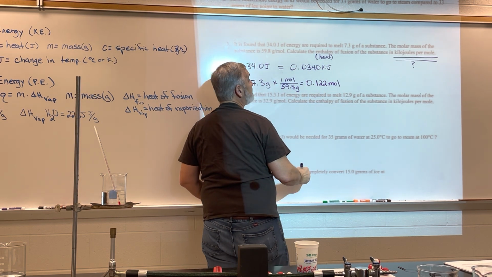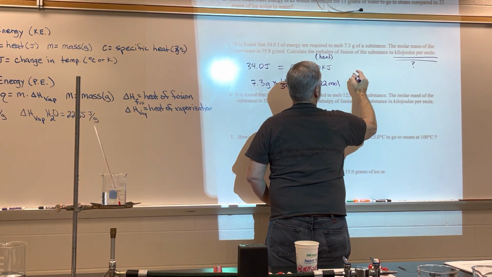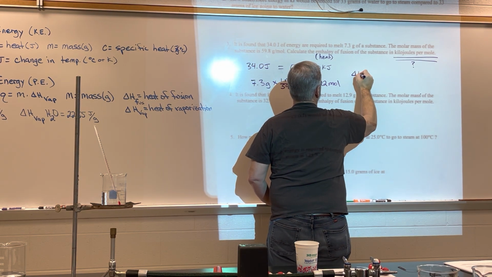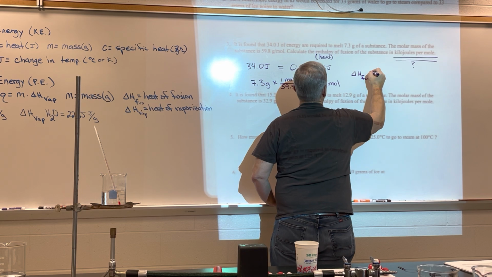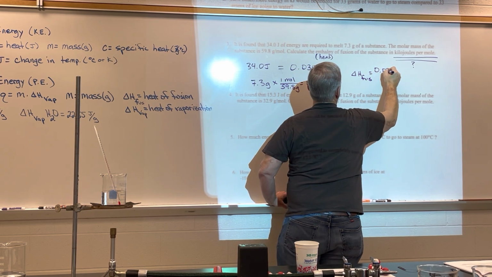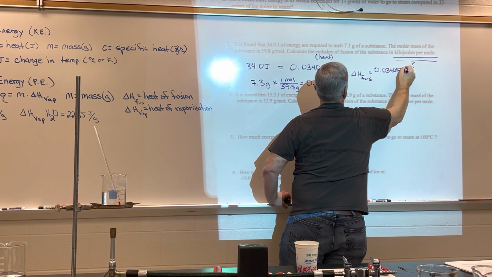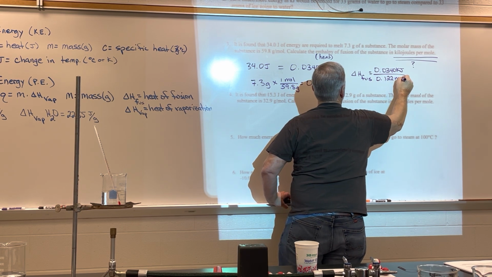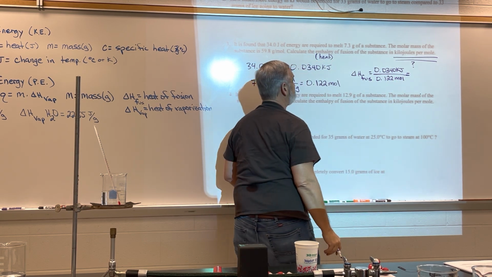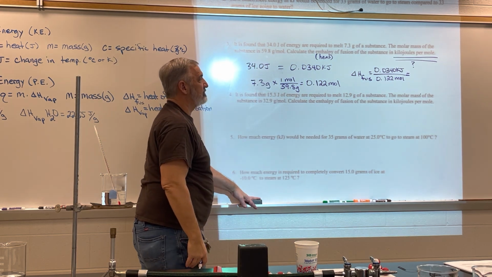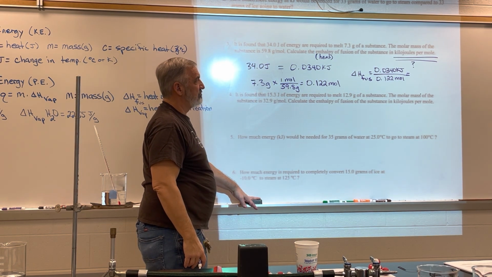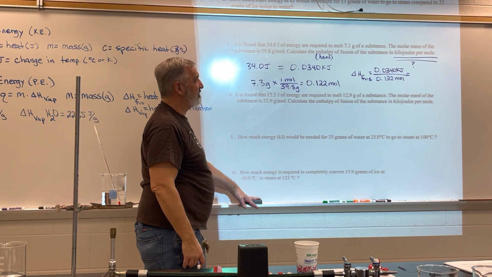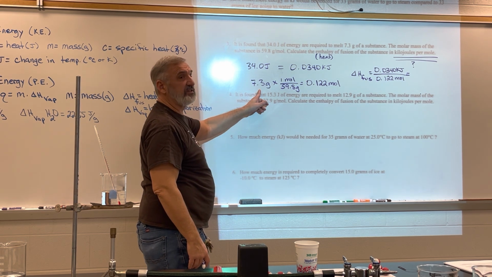Okay, so now to get my delta H, the delta H of fusion, it's equal to 0.0340 kilojoules divided by 0.122 moles, and we're going to do the 2 sig figs at the very end here.